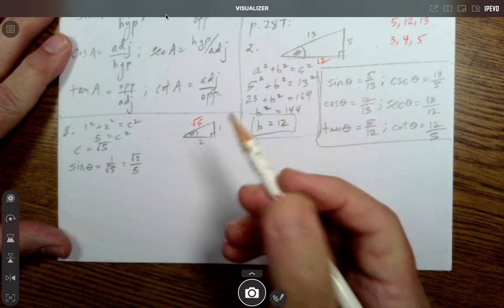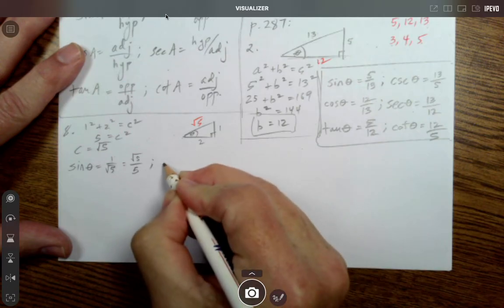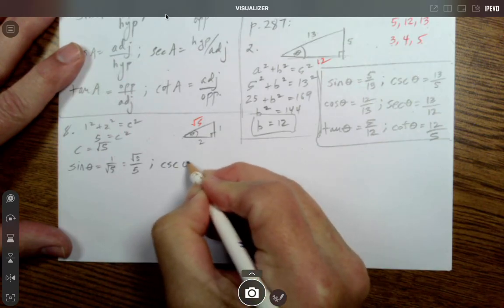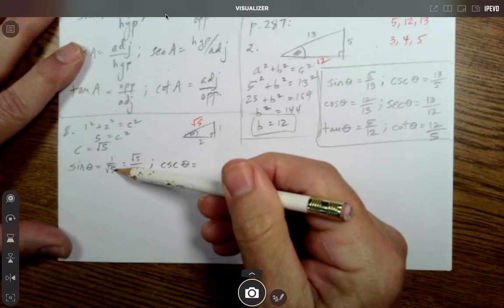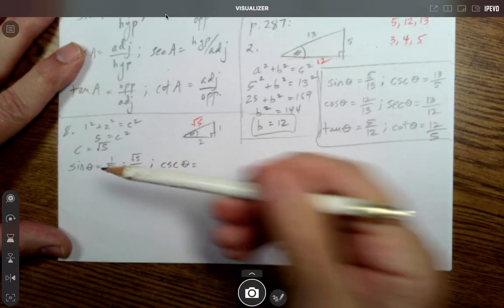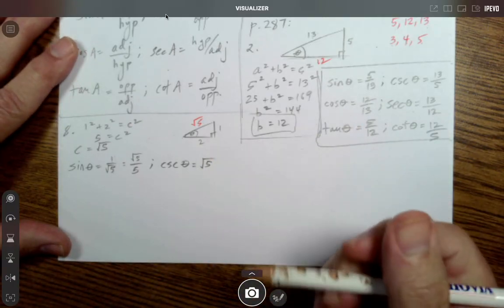All right, so that's the final answer there. Now, the cosecant of theta, you can flip this over, but it's better to flip this one over, right, which is the same number, because then you just get square root of 5. You don't have to do any more work.